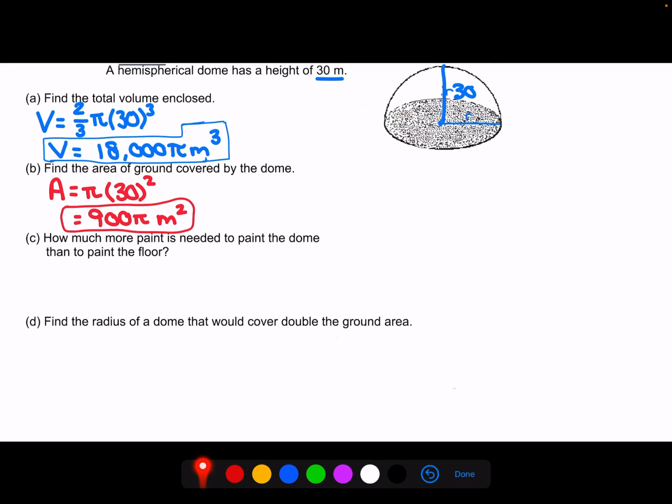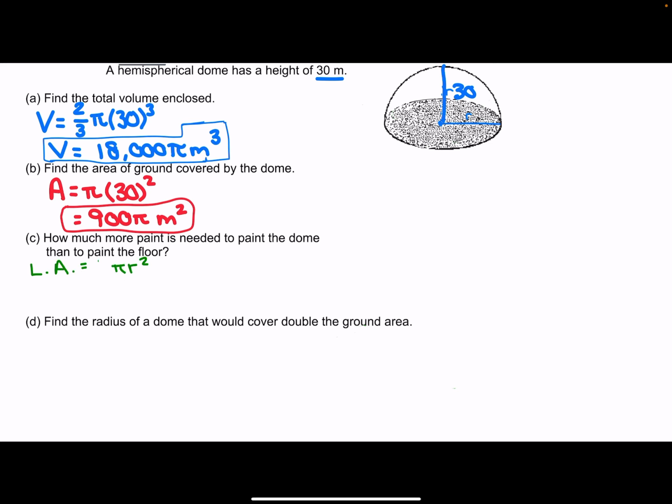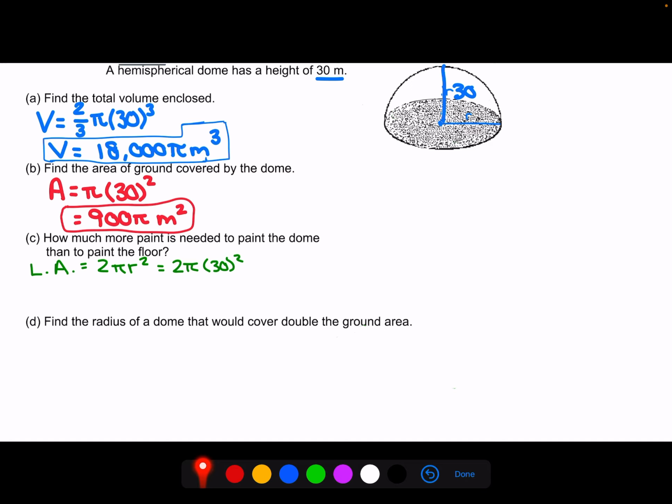So the lateral area for a hemisphere will be 2 pi r squared, because the surface area of a full sphere is 4 pi r squared. So I just take half of that, and since we're not including the base, I'm not going to include the pi r squared there. So that'll just give me 2 times pi times 30 squared. 30 squared is 900, so I'm essentially just multiplying this answer by 2. So therefore, we have 1,800 pi meters squared.